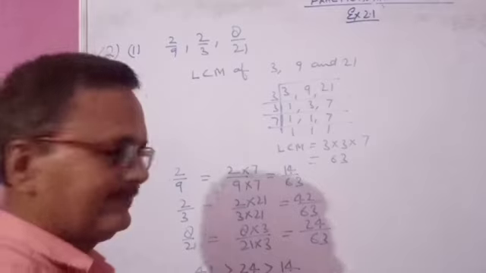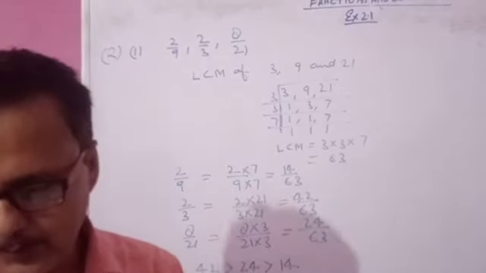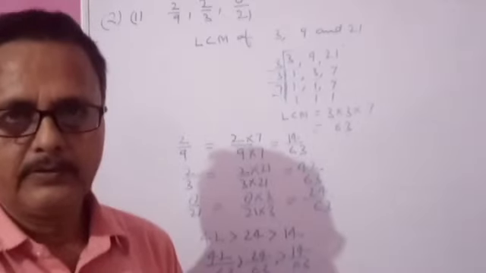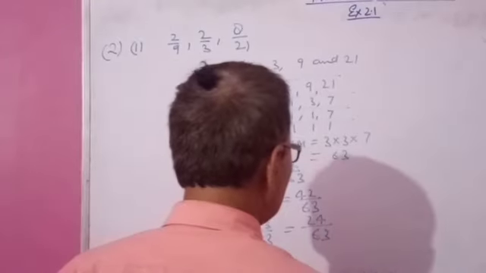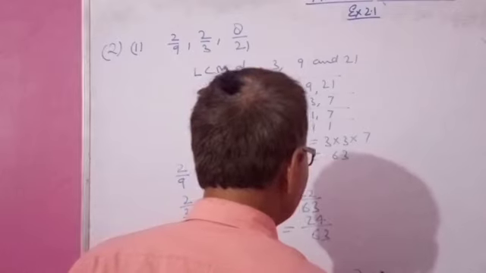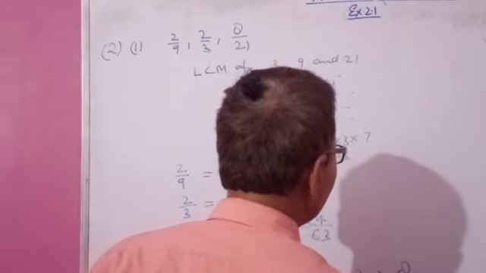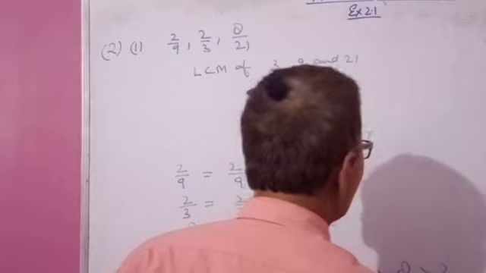We can write this in descending order. The second part you will do on your own. So 2 upon 3 is greater than 8 upon 21 is greater than 2 upon 9.